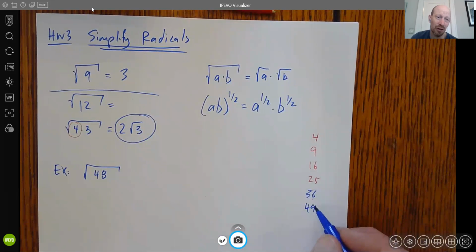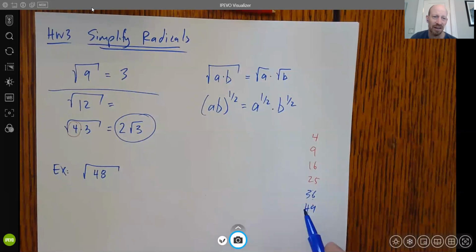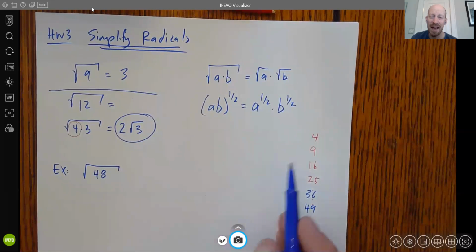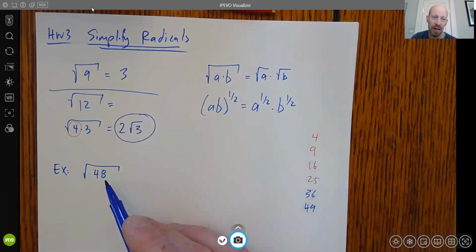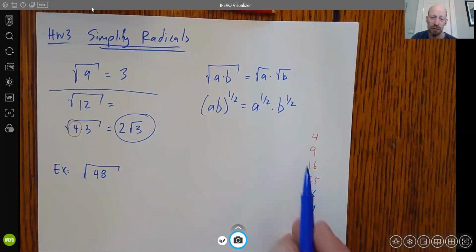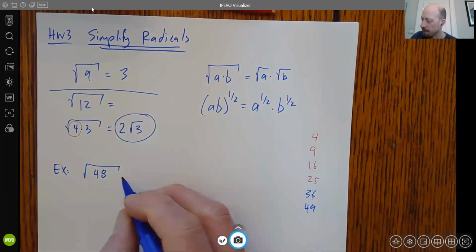I know it's something close to 7. The square root of 49 is 7, so this number is close to 7, but it's not exactly it. So I want to simplify it. What I want then is a factor here that goes into 48. If there's no perfect square factors, then I can't simplify it and I just leave it. But there is in this case.